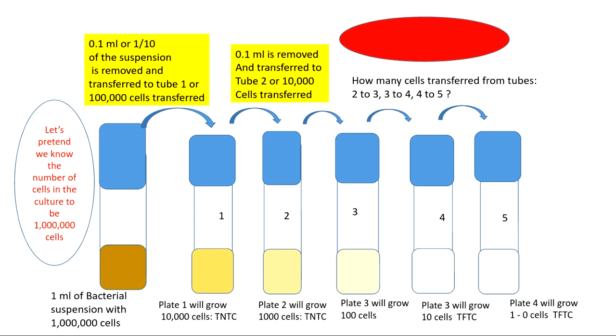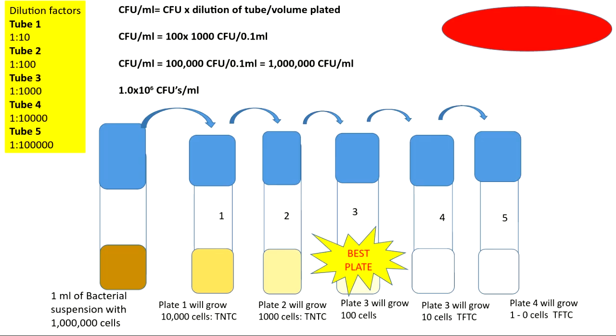So again, distinguish: streak plate for isolation, pour plate for quantitation, spread plate for quantitation. Definitely know how to make the calculations, and know the advantages and disadvantages of each one of these procedures.